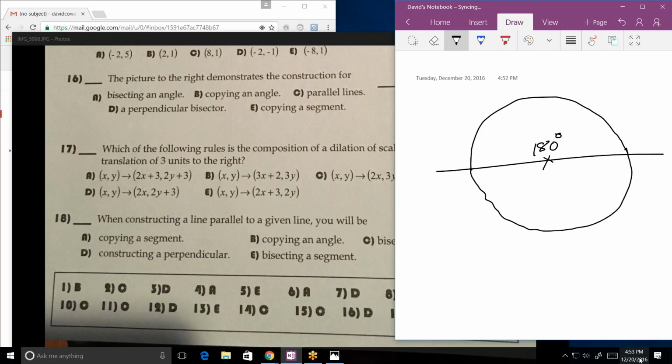Now I want the distance from here to here. Still not sure how to do it. I don't know how to do it in one step by just copying that 180-degree angle. Can't quite picture how to do it.